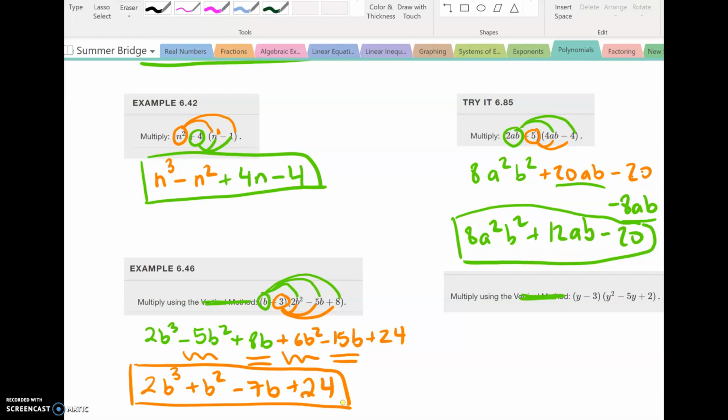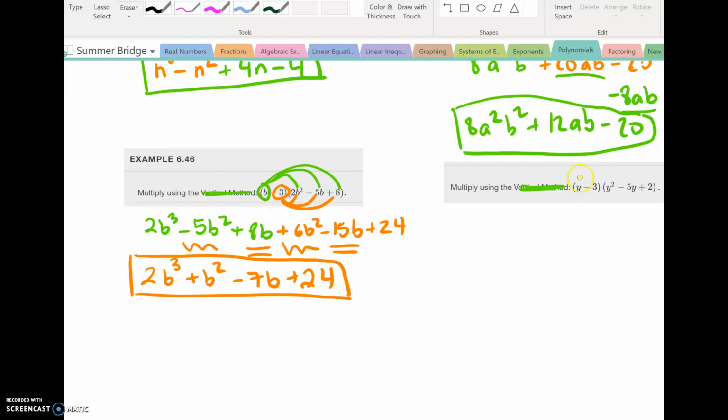All right, let's practice with one last example here. So again, just like before, I'm going to take my first term, multiply it with everything in the second parentheses. So I have y cubed minus 5y squared plus 2y. Now I'm going to take my second term of my binomial and I'm going to multiply it with everything in the second set of parentheses.